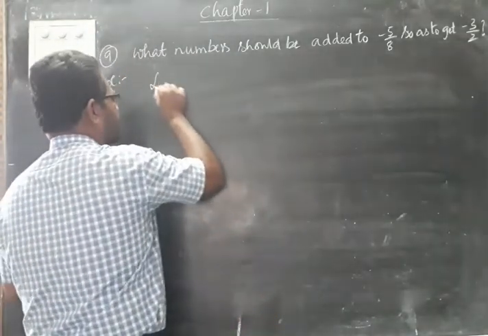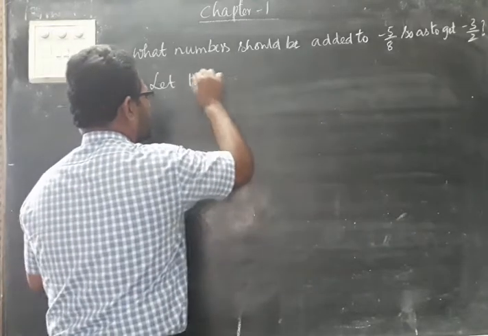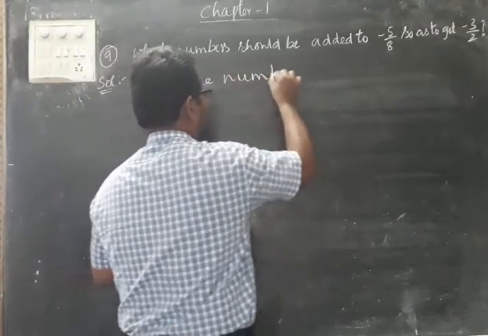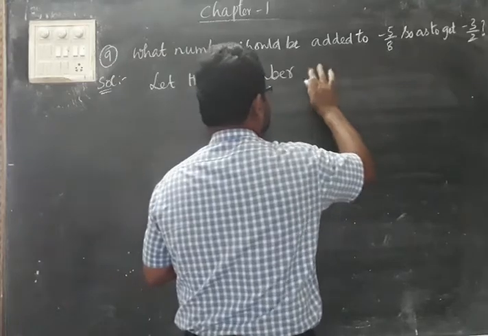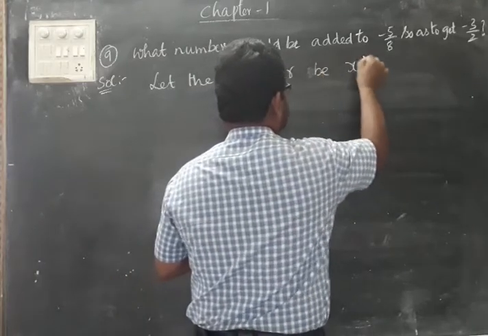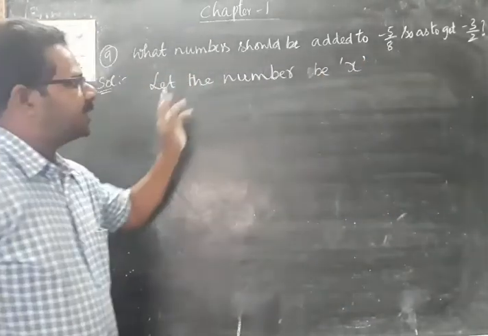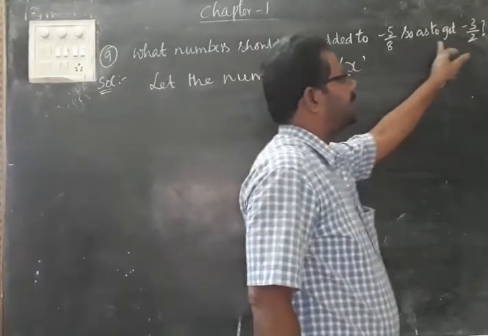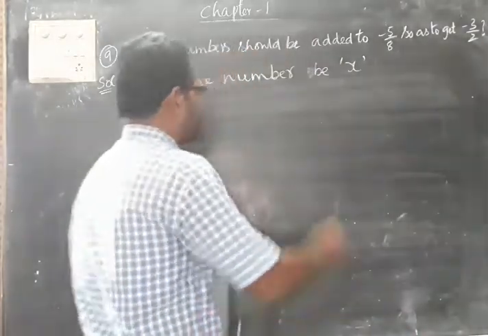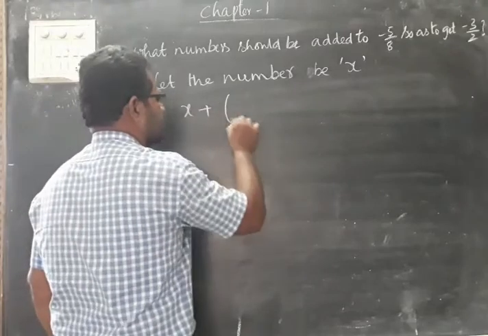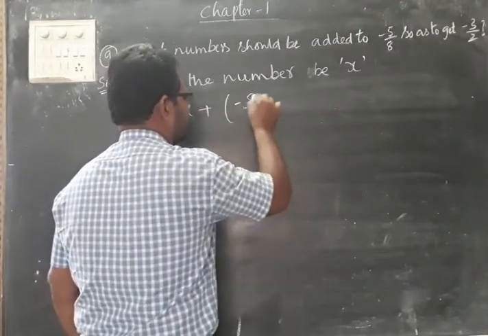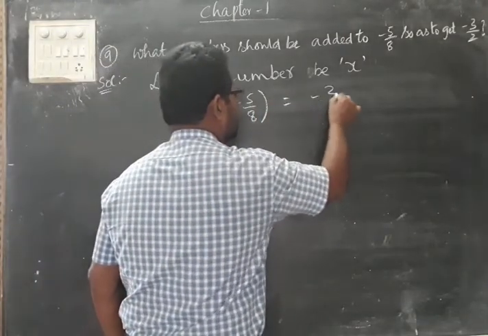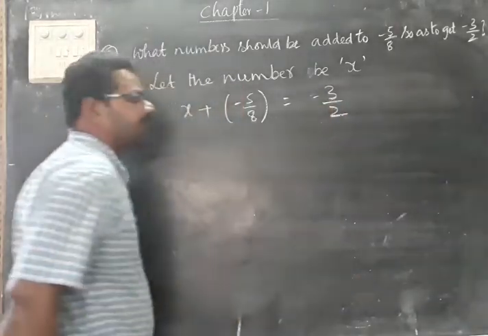Okay, so that number we can take as, let the number be x. That means x should be added to minus 5 by 8 so as to get minus 3 by 2. So x plus minus 5 by 8, that result should be equal to minus 3 by 2.